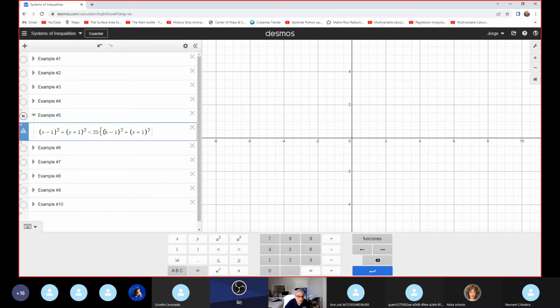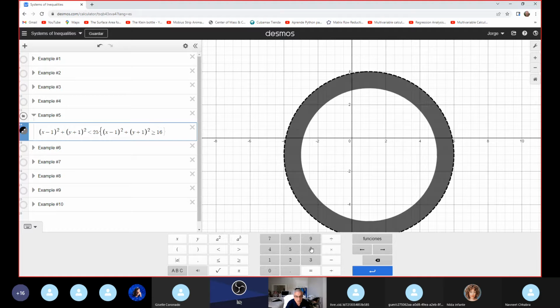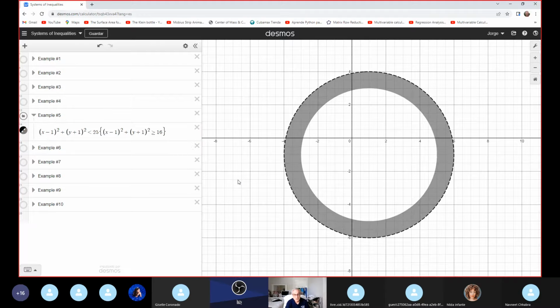Control V. And now it's greater than or equal. Much better. Type it here. 16. Boom. Yes. Guys, this is fantastic for solving inequalities.